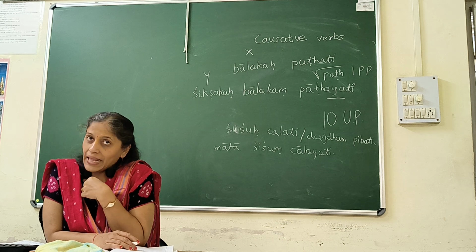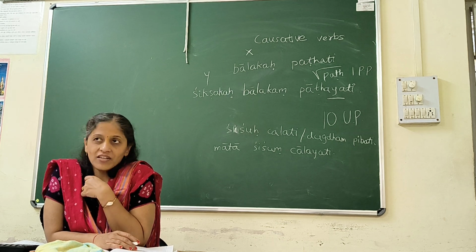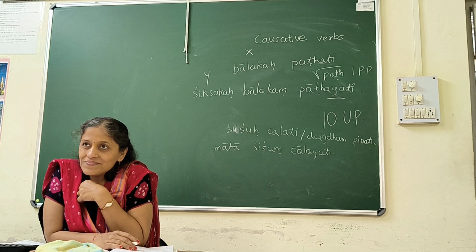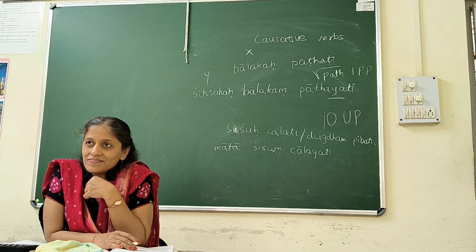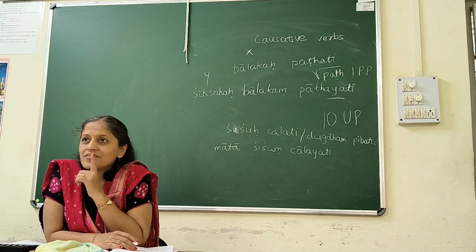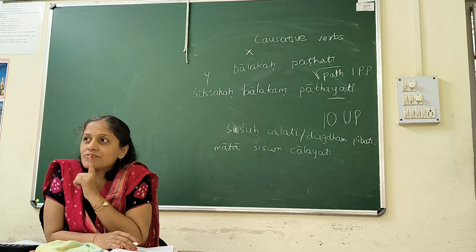Drinks milk. Milk. But an infant doesn't drink milk on its own. No. Mother has to feed him. A small child. Mother has to feed. Drink and feed. The difference is drink and feed. Causative is feed. Feed is always causative.